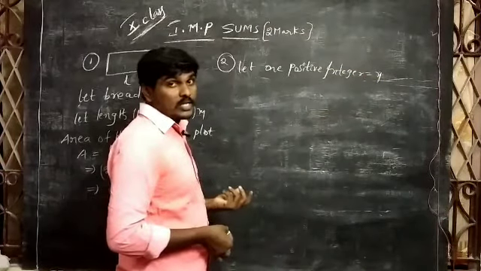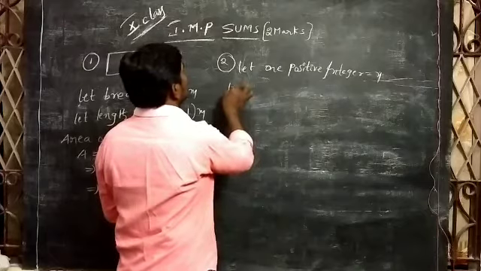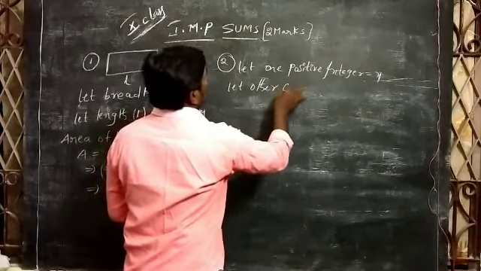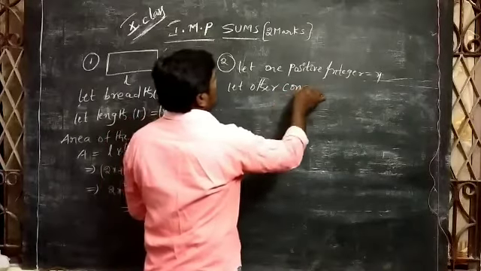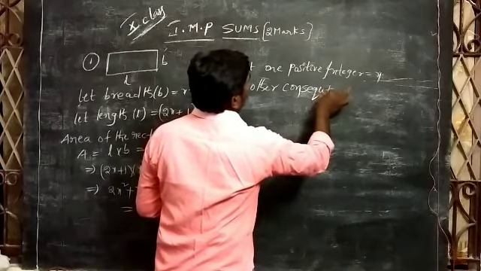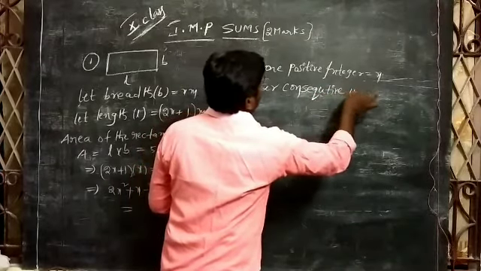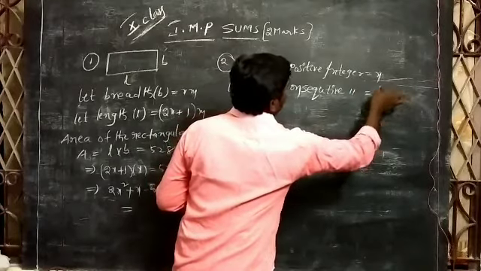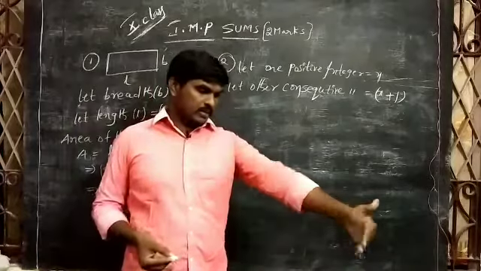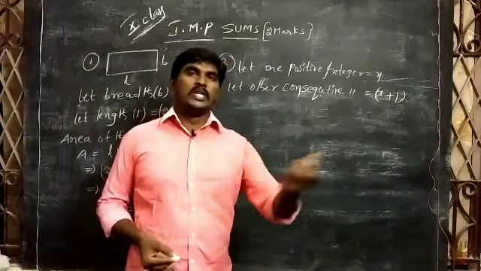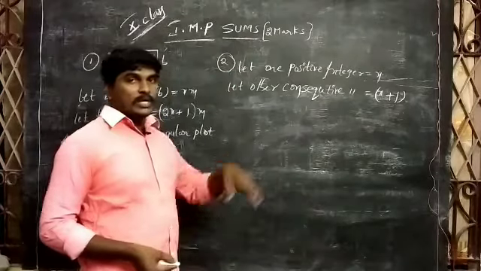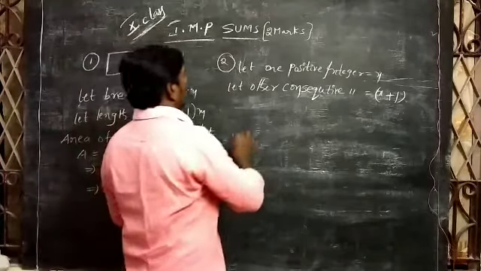Then the other consecutive positive integer is equal to x plus 1. That means the next upcoming, immediate number. By adding 1 only you will get the immediate, succeeding number, right? Their product is given.